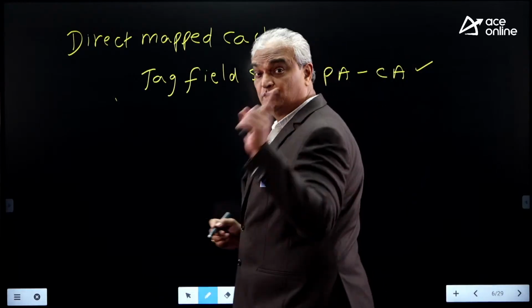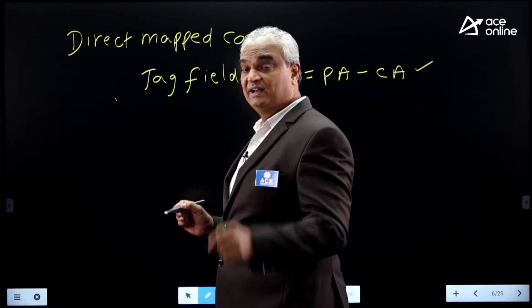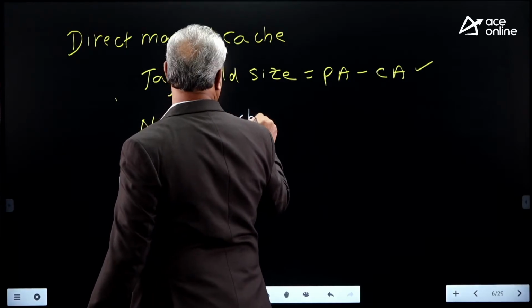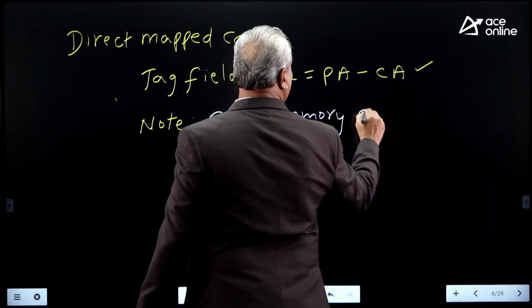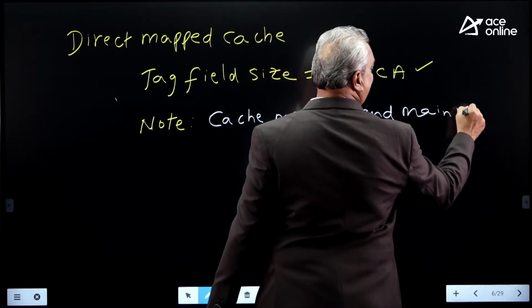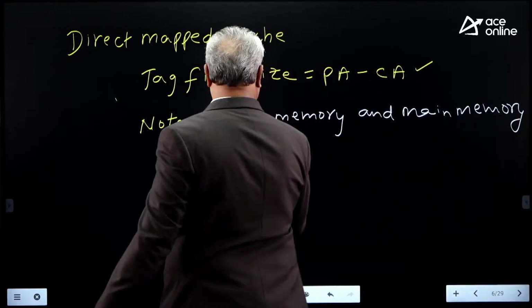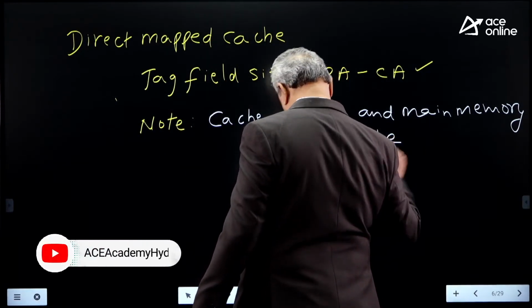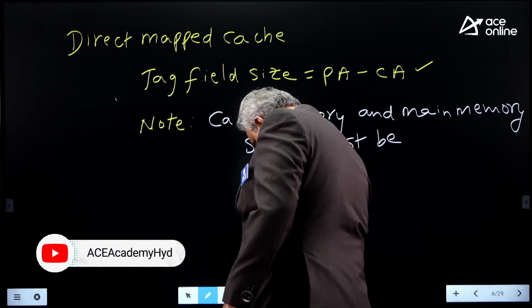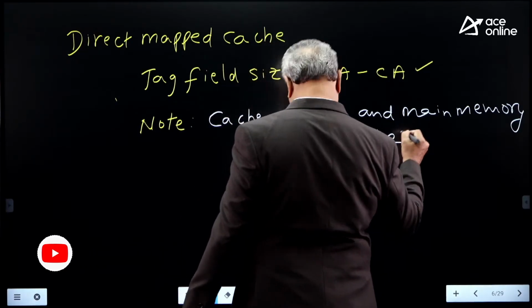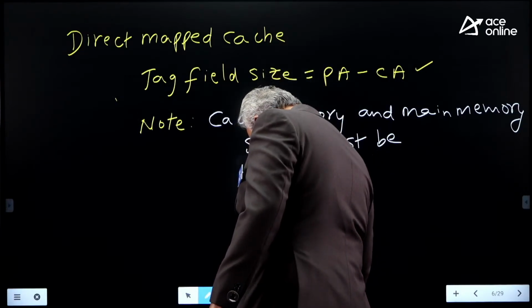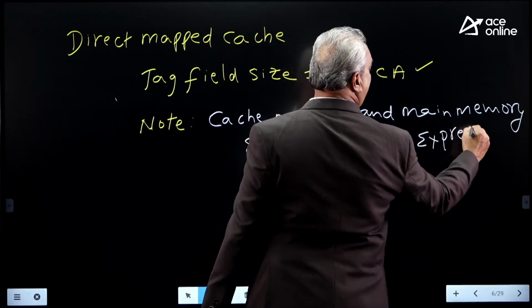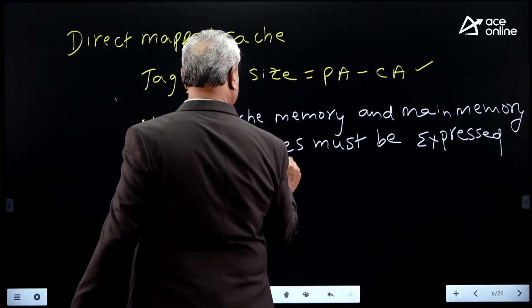To utilize this expression, you should know one point clearly: both cache memory and main memory sizes must be expressed in the same units.